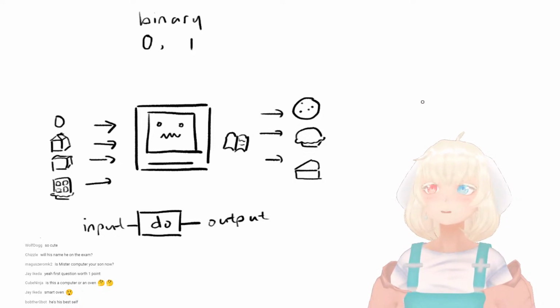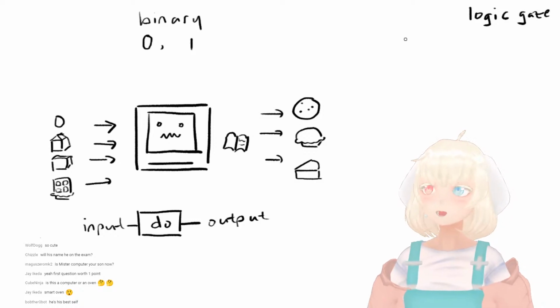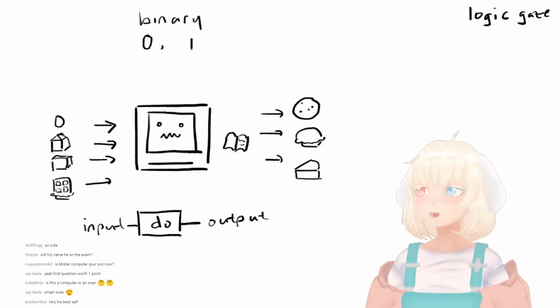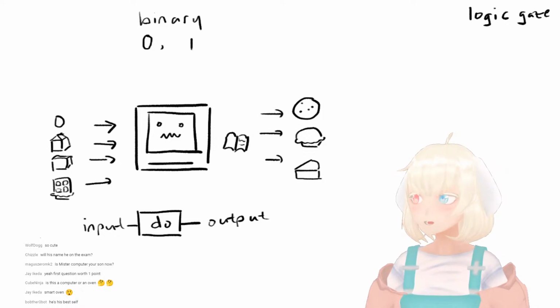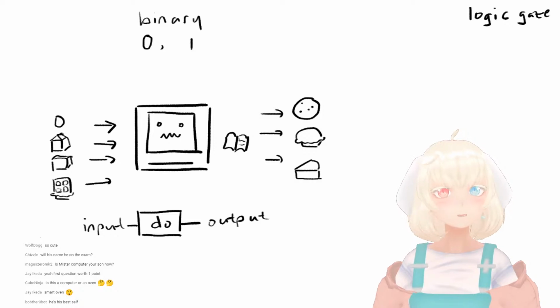And one of the most basic instructions that we can give is called a logic gate. All right. And logic gates are actually fundamental to not only programming, but also to electronics and circuits, even math. It's just all connected, which is really cool.